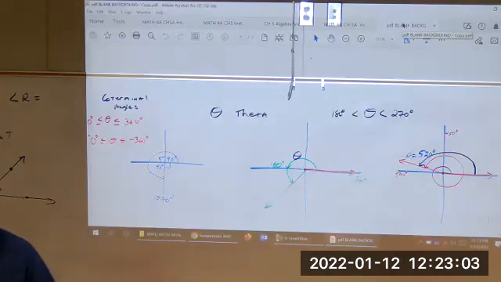That's as far as you can go. Start at 0 and open up to where that terminal side is. What would the measure of that angle be that has the same terminal side as the 160?